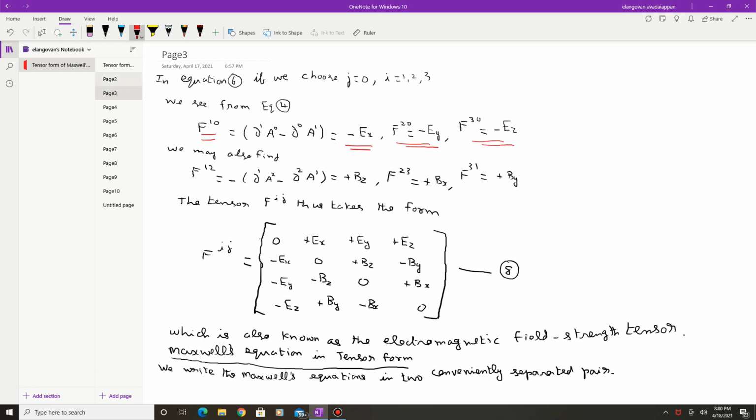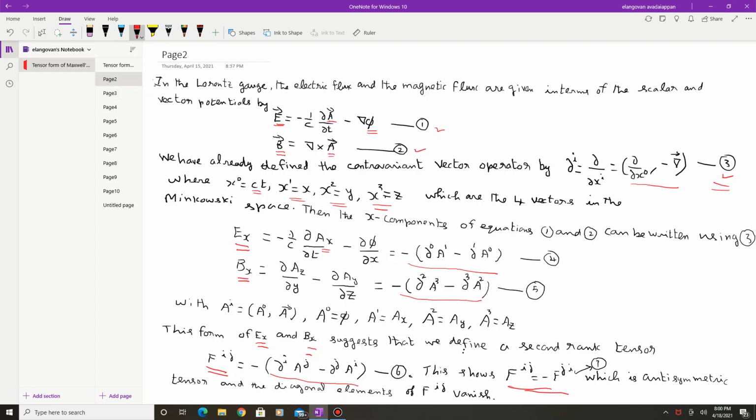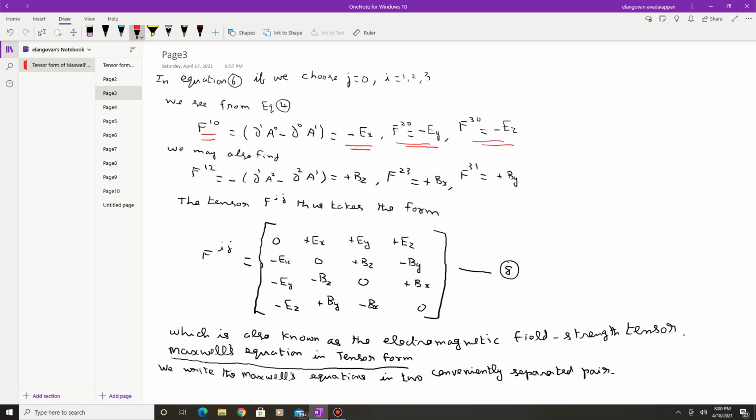So from equation 6 we can get this expression, and you will get F10 is equal to minus Ex, F20 is minus Ey, F30 is equal to minus Ez.